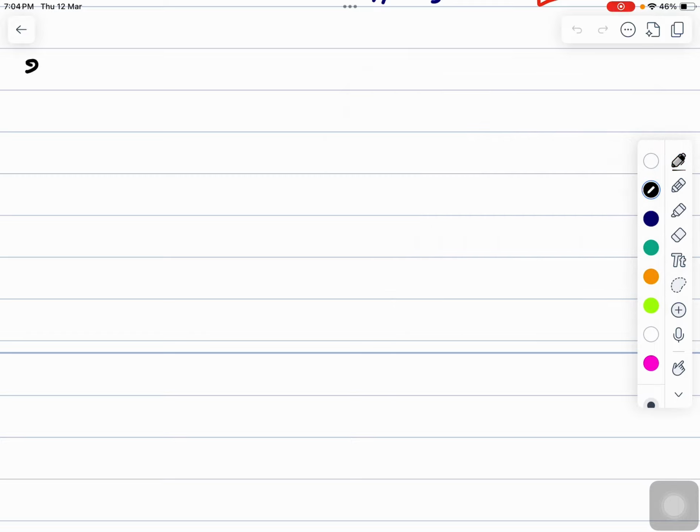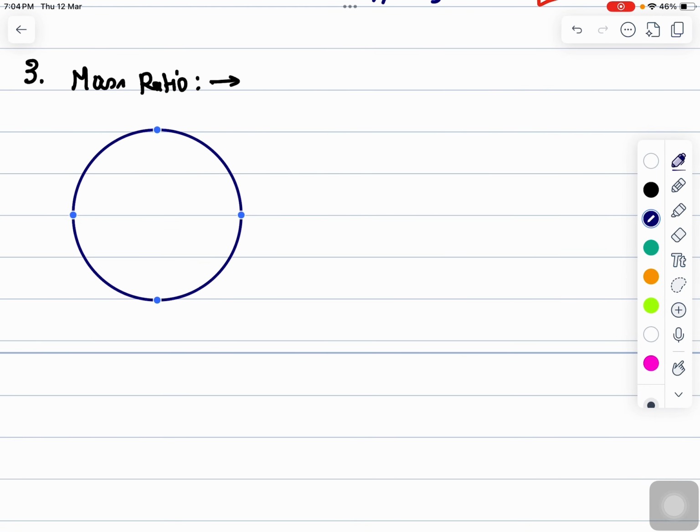part of the concentration, that is mass ratio. So when we talk about, let's say you have a mixture of two components, I'm just discussing the binary component system here only, right?